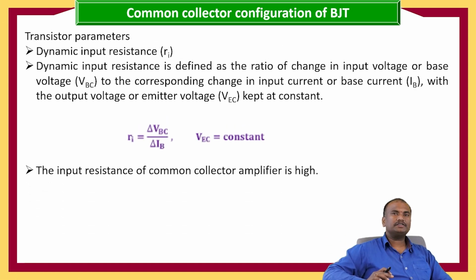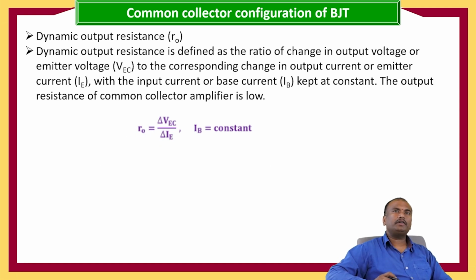Here the input resistance of common collector amplifier is very high because IB value is very less. Always the base current value will be in terms of microamperes, so the input impedance will be high.